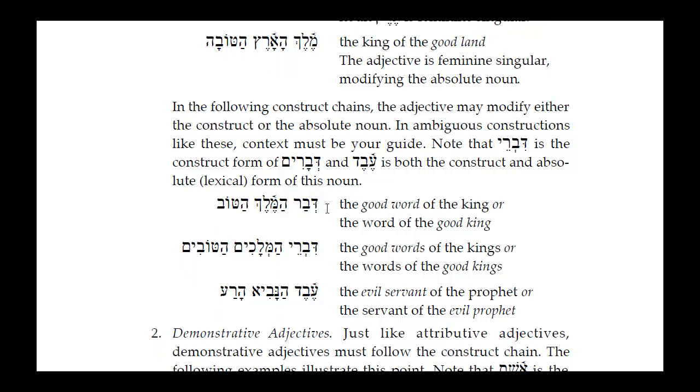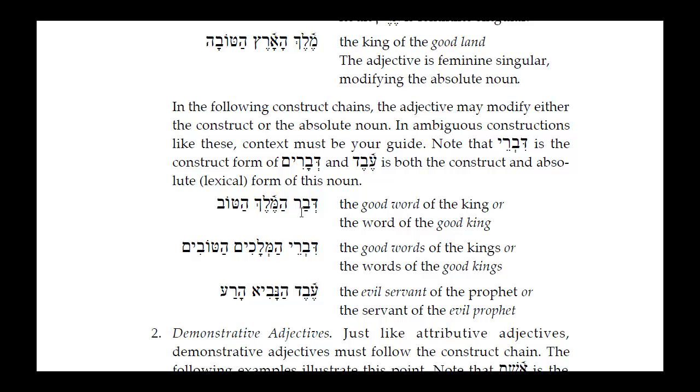We have Devar, Hamelech, Hatov. Now the adjective here could agree with Devar, because Devar is masculine and singular, just like Tov is masculine and singular, and Hamelech is masculine and singular. So it could go both ways.